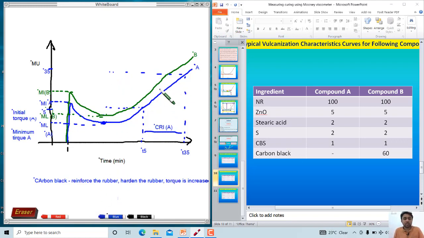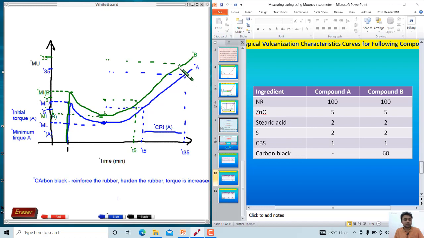Then we'll do the same for the compound B, right? So here it is the minimum, right? Here the minimum, and we have to count 5 units, maybe here, maybe 5 units, then come down to the curve, the x-axis, then you will find T5, right? So let's say the T35, 35 units from the minimum, it may be here, and have to go to the curve, right?